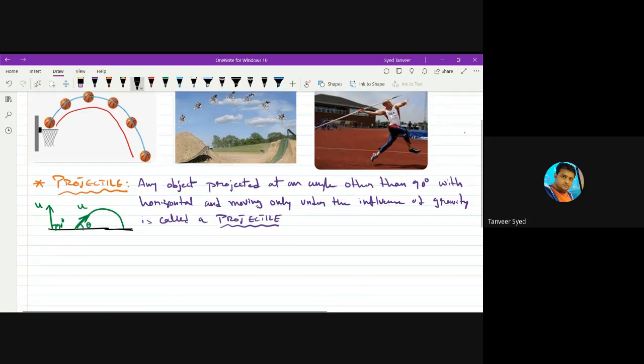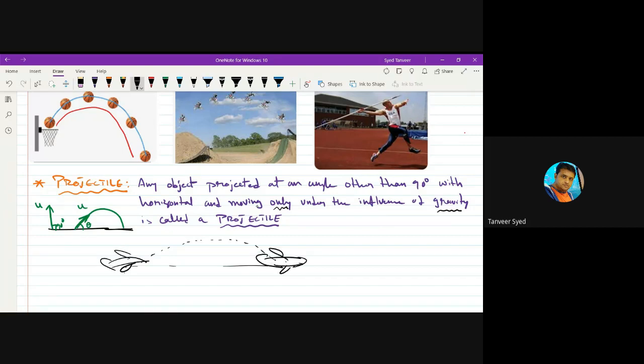And one more condition: the projectile must be moving only under the influence of gravity. Other than gravity, no other force must be acting on it. Suppose an aeroplane starts from here, runs on the runway, takes off, flies a certain distance, and again lands on the runway somewhere here.